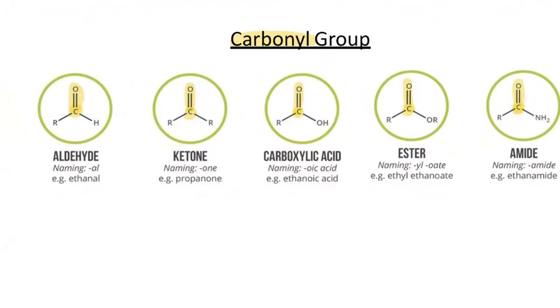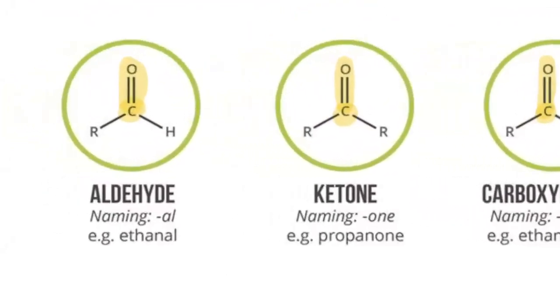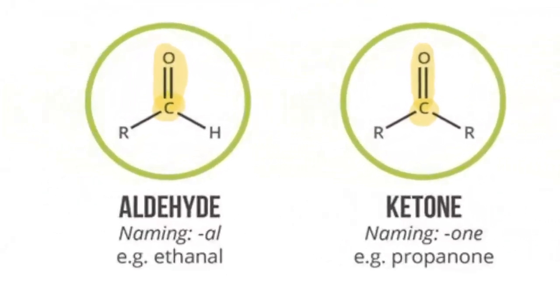Now, it is important to know that the difference between them is going to be based on what is attached in this carbonyl group, okay? So remember, R in the previous functional groups, it was carbon chains, okay? So for these, I'm going to specify what R is. So remember, R is the rest of molecule.